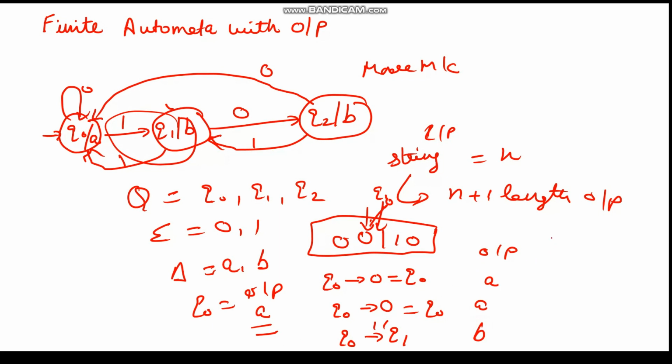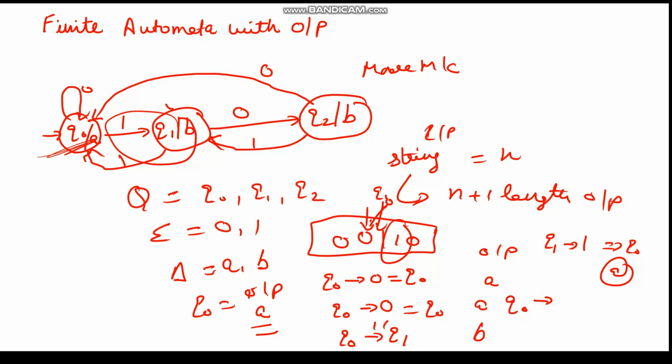Now my current state is Q1, and at Q1 the next input symbol is 1. When this 1 is supplied, where will we go? We will go back to Q0, and the output for that is A. So I am again at Q0.